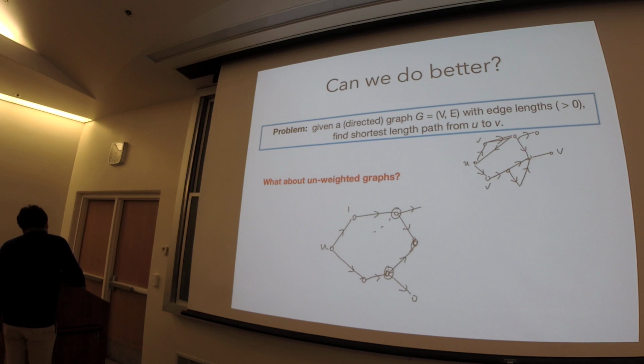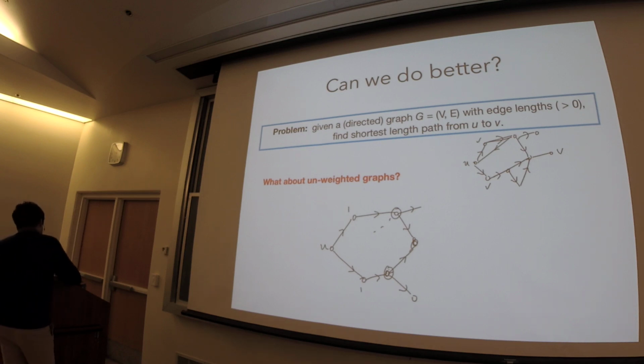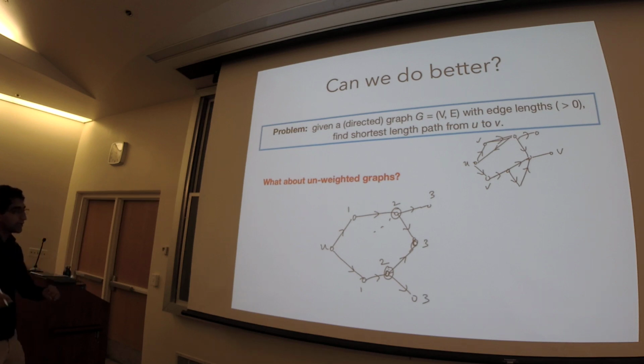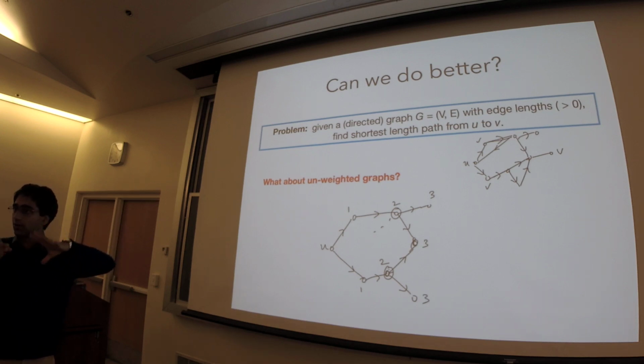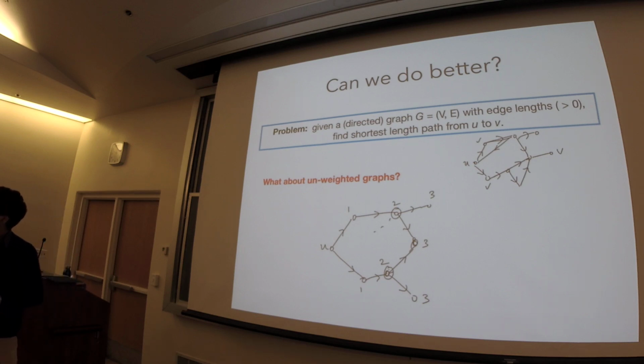So these were all things that you reached at level 1. These two vertices were the ones that you reached at level 2, and these three vertices you reached at level 3. And then you look at all the neighbors of these level 3 vertices and so on. Okay, so this is just basic breadth first search. And this will find the shortest path, because the moment you hit V, you will know the shortest path.